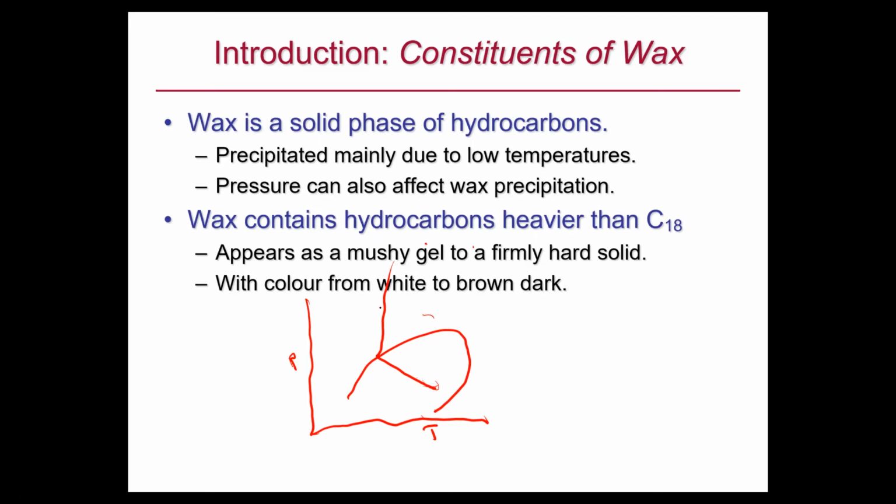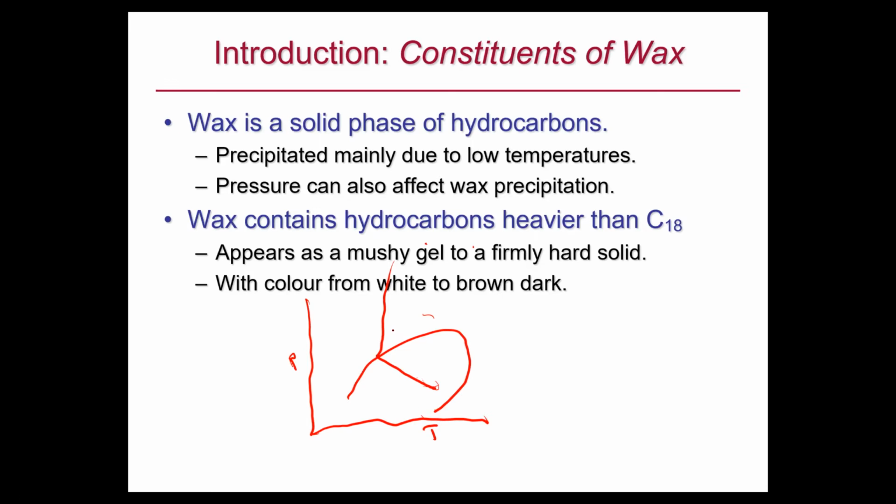Above the bubble point, when you apply pressure, the volume is reduced, and when hydrocarbons freeze, their volume decreases. So the wax phase boundary shifts to the right. Higher temperature, higher pressure, the wax phase boundary shifts to the right.